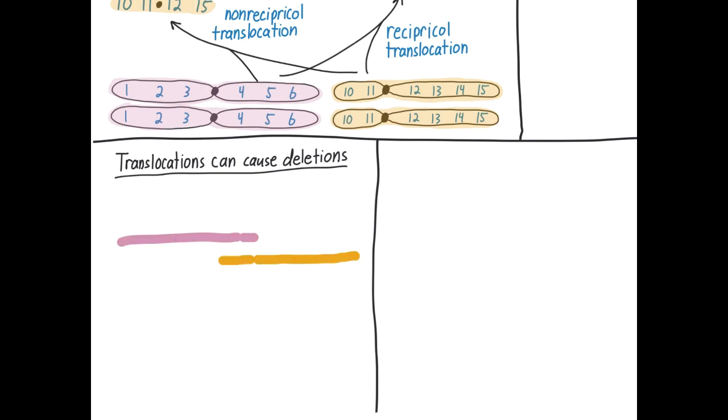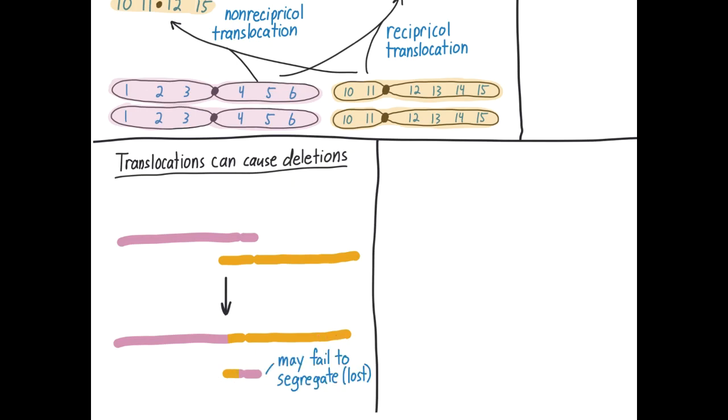One way this can occur is if two acrocentric chromosomes both have small fragments break off and attach to each other, so that these fragments form a tiny chromosome and the other fragments form a large chromosome. Very small chromosomes can fail to segregate properly and eventually get destroyed.